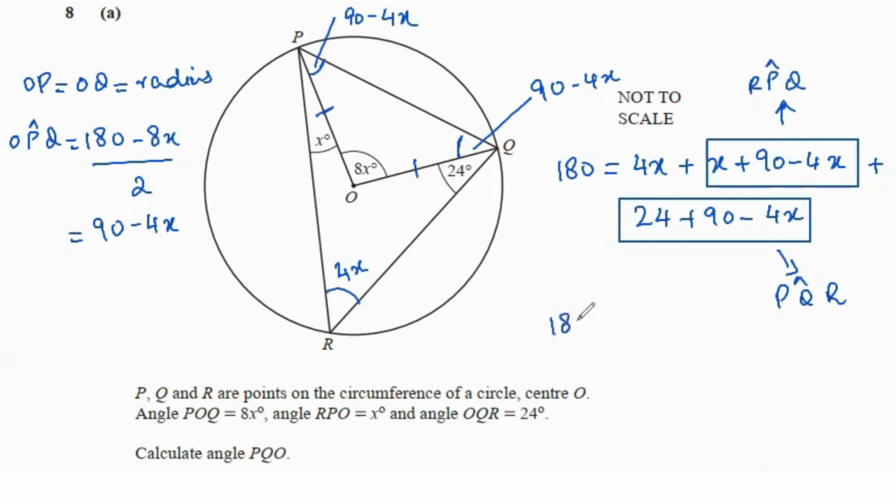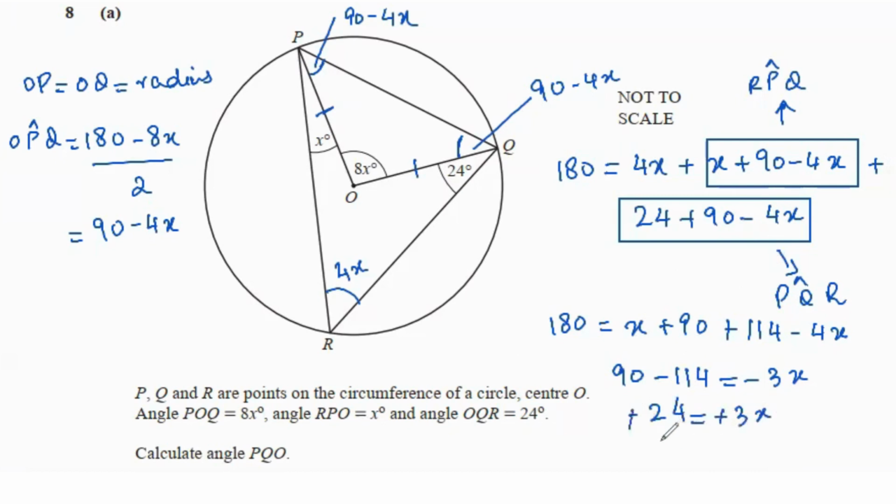So if we further simplify this, the 4x minus 4x gets cancelled out, and we have x plus 90 plus 24. Now 24 plus 90 is 114. So 180 minus 90 is 90, minus 114 equals negative 3x. So if we subtract that, that's going to be negative 24.